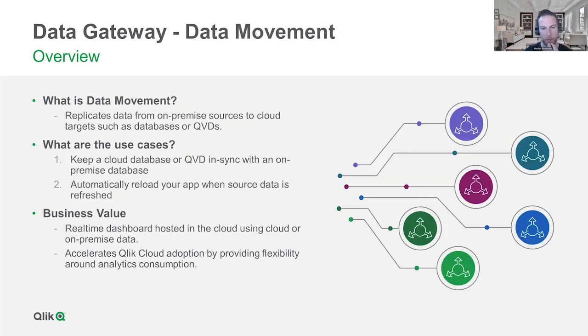What is the other option? Well, you can also install the Data Gateway Data Movement. That's the Linux component, and that's part of the Data Integration Suite. It does some clever things. The Data Movement Gateway allows you to replicate your data and only the deltas from your on-premise environment to a cloud target. The cloud target can be Qlik Cloud, or it can be another cloud database.